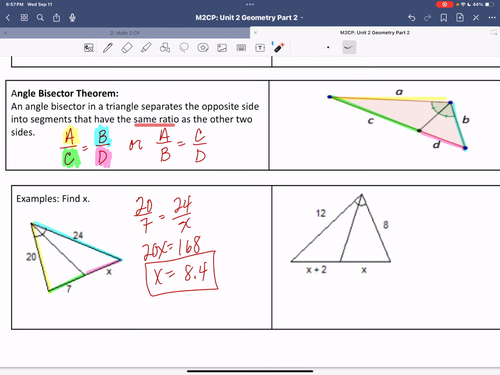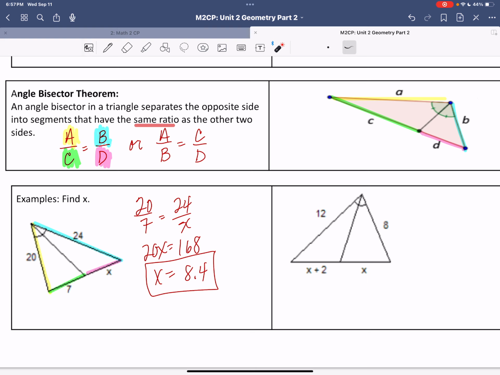All right, now the angle bisector theorem. This is the last part for this. It says an angle bisector in a triangle separates the opposite side into segments that have the same ratio as the other two sides. So again, A over C is equal to B over D. Then we're going to take that and find x on this example.